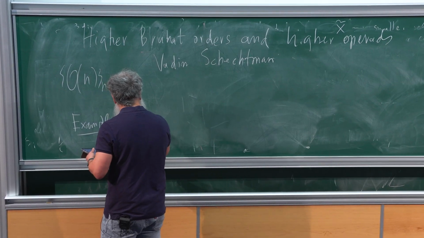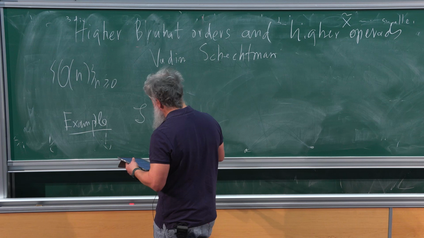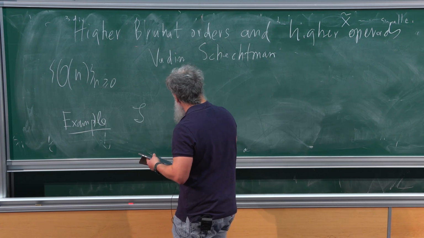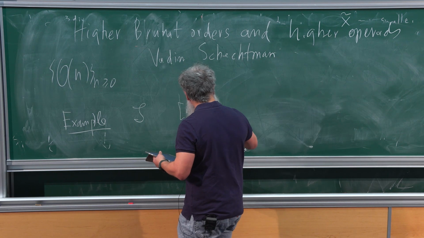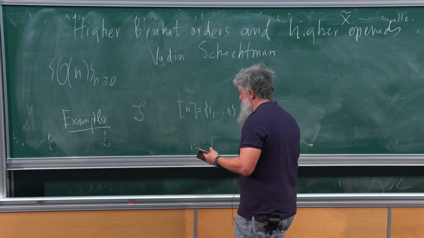So denote by S the Cartesian category whose objects are finite sets, identified with just the elements n.